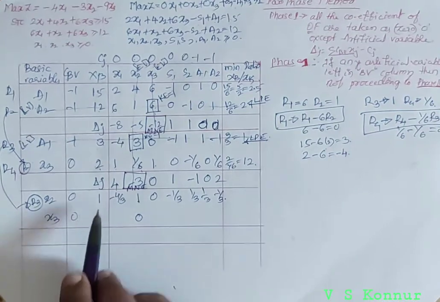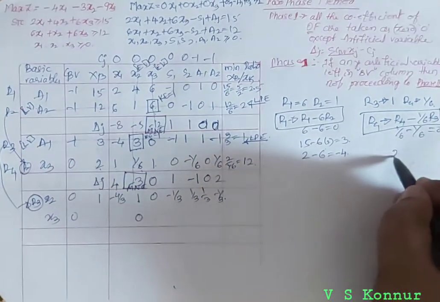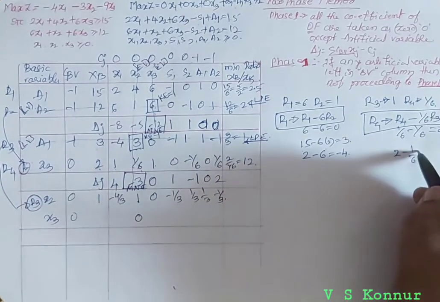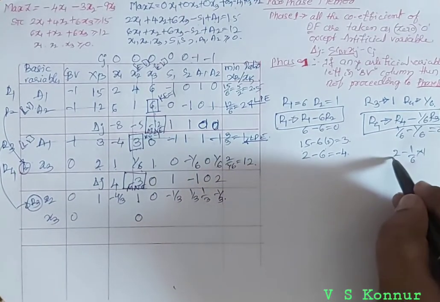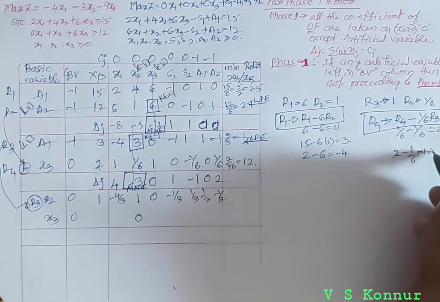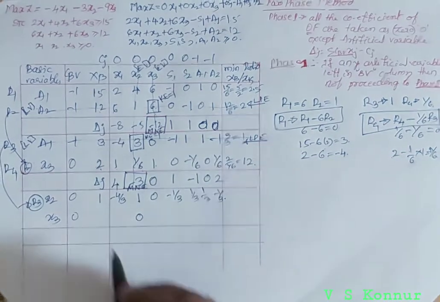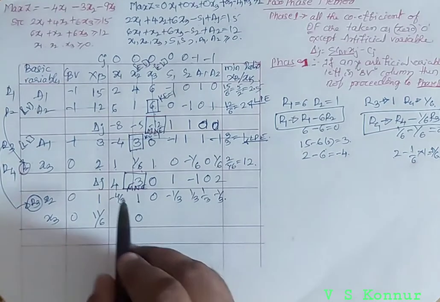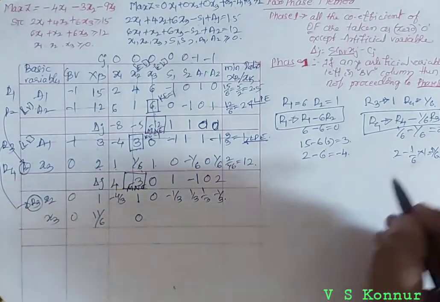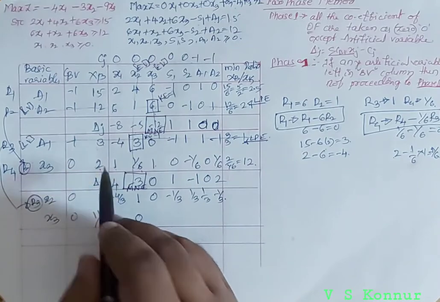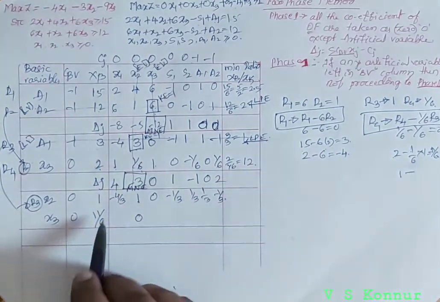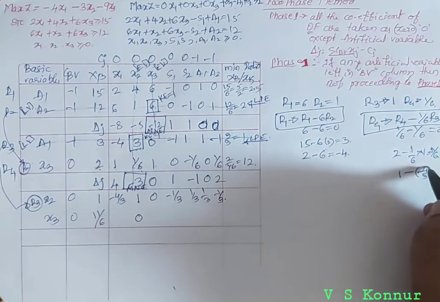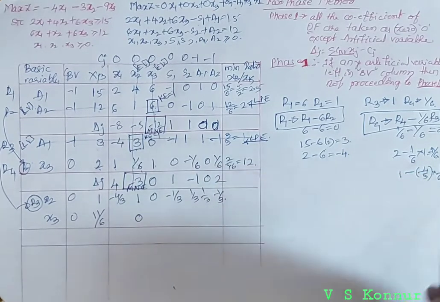I will explain one. R4 has 2 minus 1 by 6 into 1. So 6 into 2, 12 minus 1, that is equal to 11 by 6. One more I will explain here. R4 has 1 minus minus of 4 by 3 into 1 by 6.